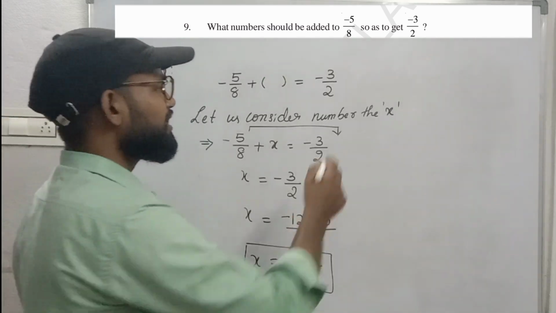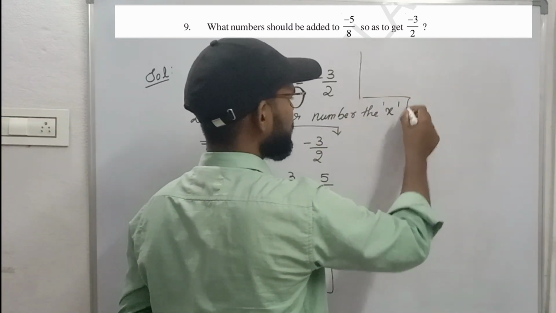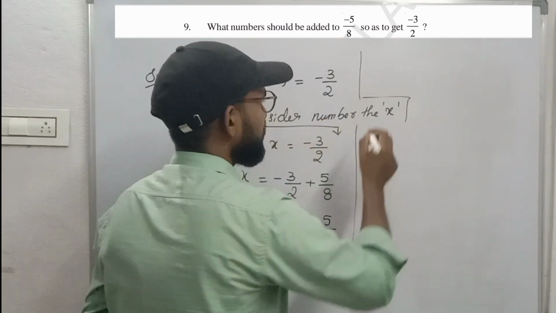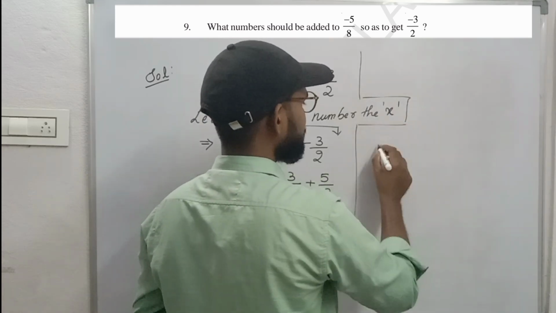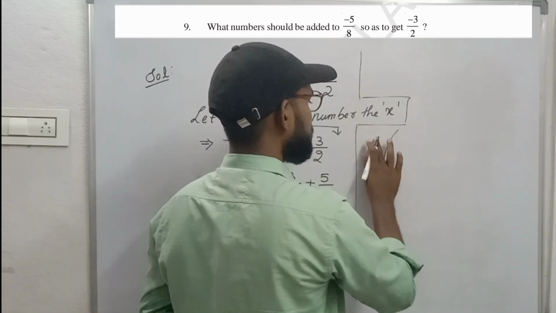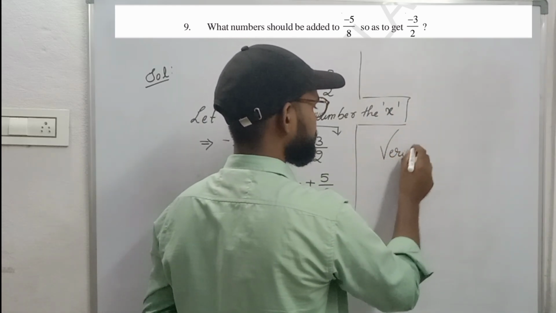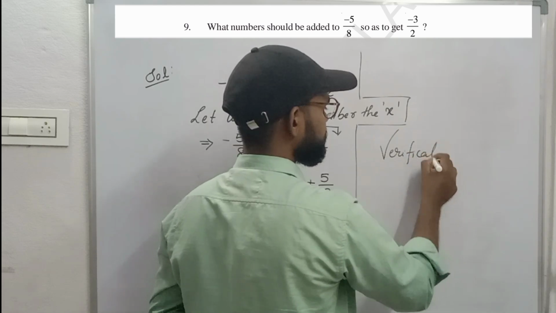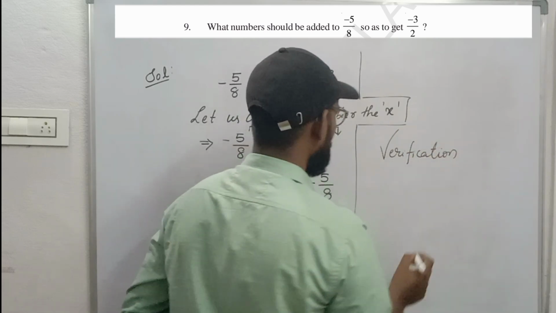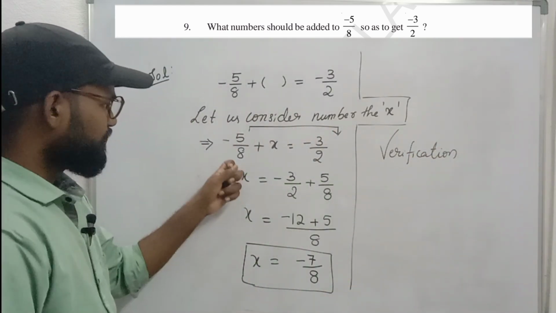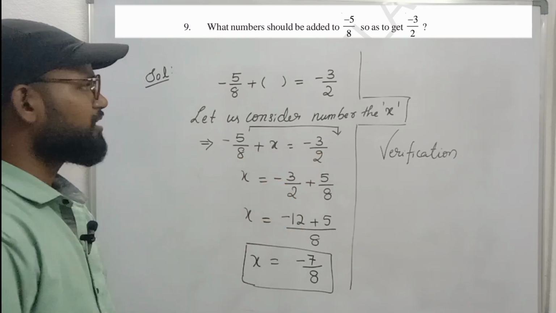Let us verify whether this is correct or not. Now see the verification step here. How to verify? If we add these two, we have to get minus 3 by 2.